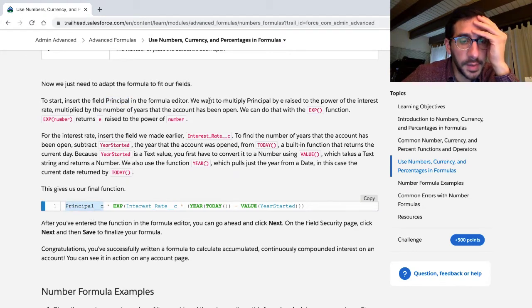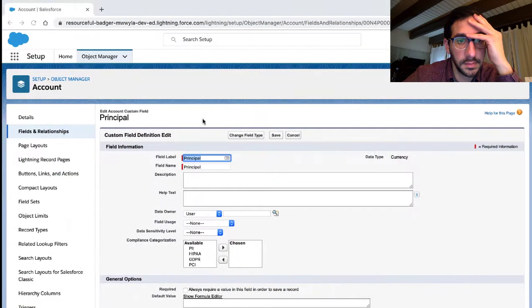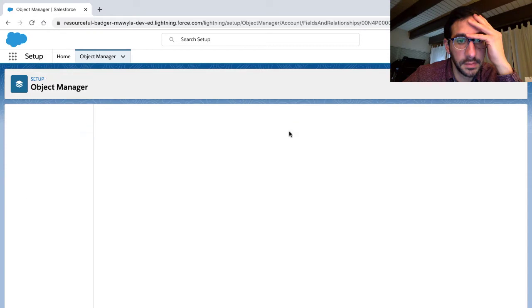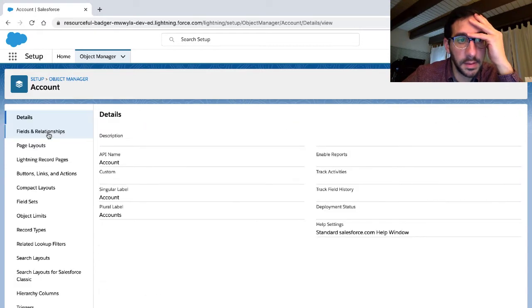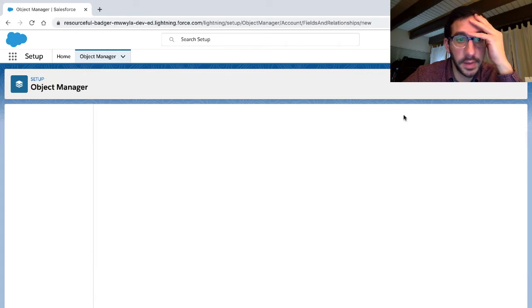I don't know where I'm doing this formula editor. Let me just create a new one. Why not?